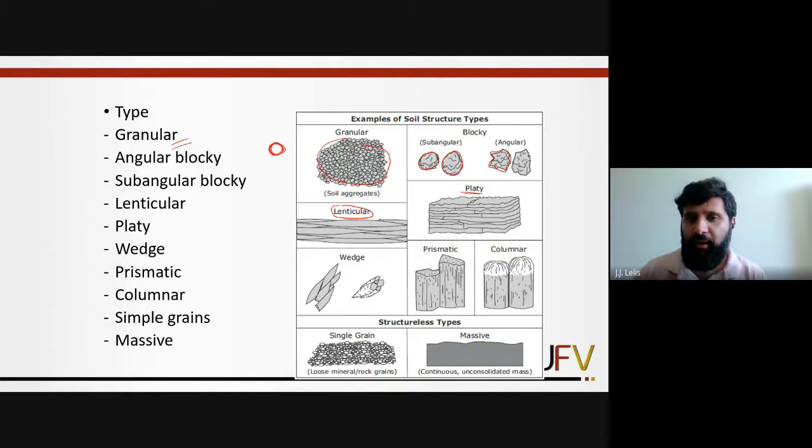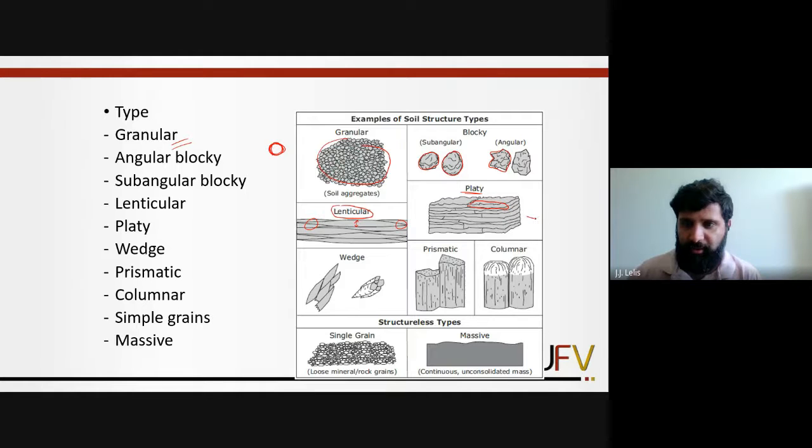They all are materials that have a horizontal distribution, but in the lenticular, we can see that the distribution of material is not homogeneous. So I have a concentration of material here, and this aggregate is thinner on the opposite sides, okay? When we see a platy material, they are very homogeneous materials.